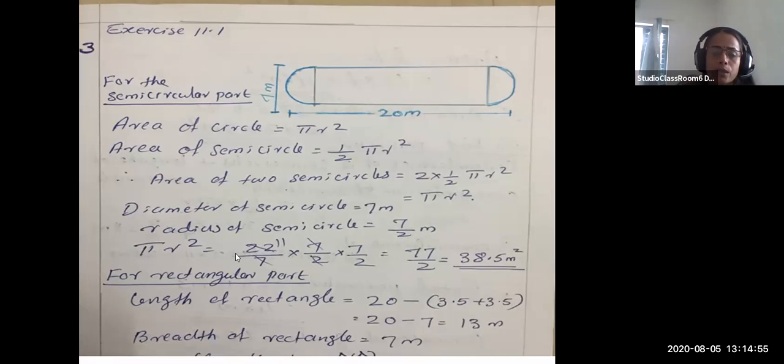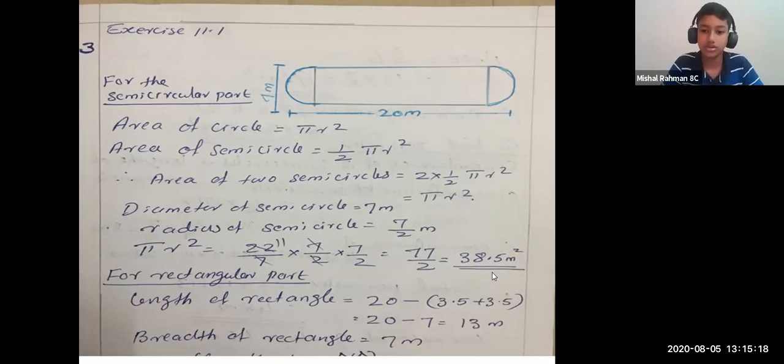So pi r square equals 22 by 7 into 7 by 2 into 7 by 2. We can cancel the 7s from numerator and denominator, and 2 elevens are 22. Multiplying 11 into 7, 77 by 2. That is 38.5 meter square.